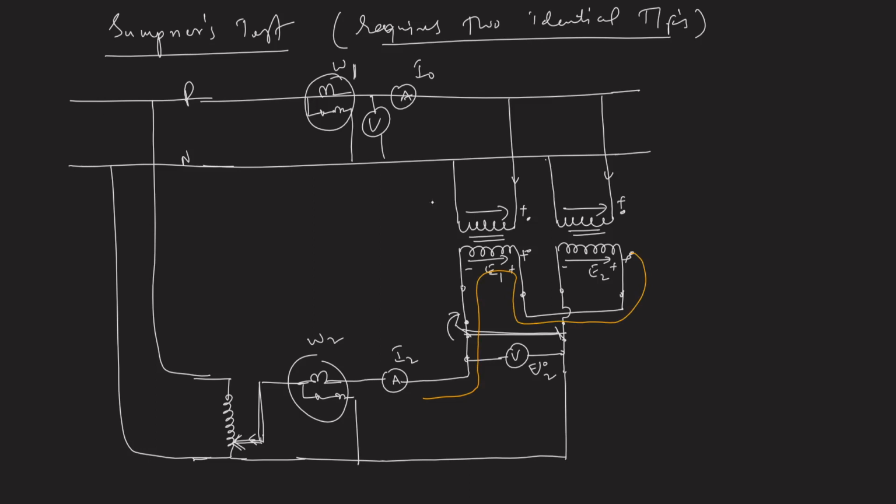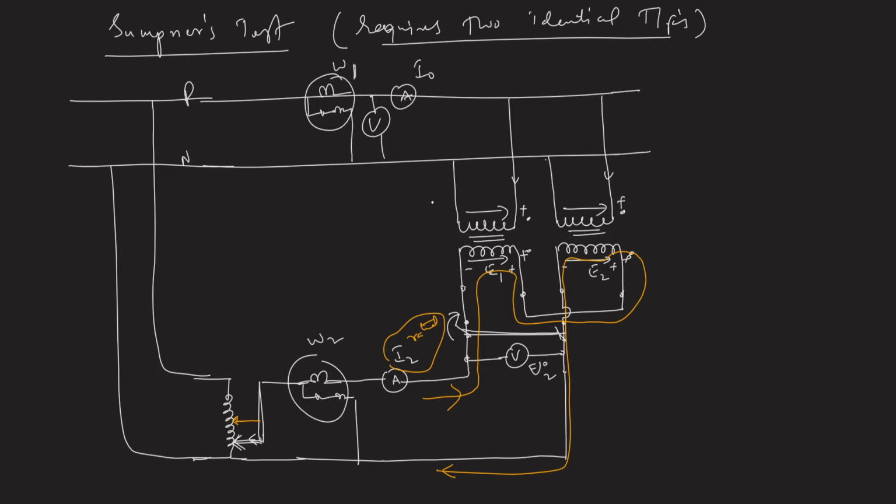Okay, so it will be coming like this. Now this current should be the rated value of the secondary windings. So bring the auto transformer pointer such that the ammeter reads the rated current of the transformers.